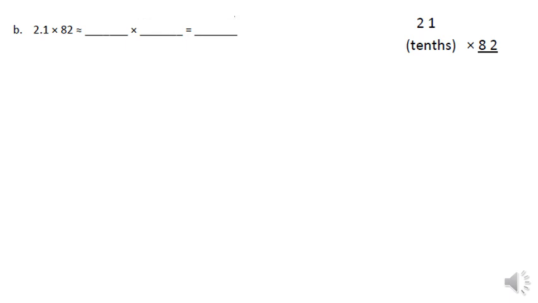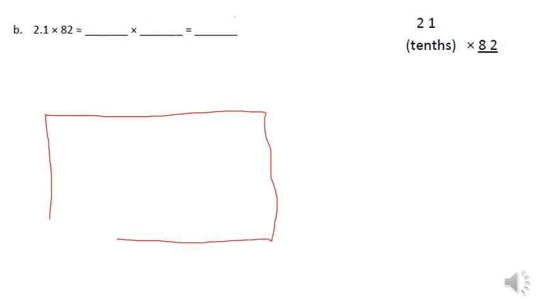Now question 2, we're going to have to draw our area model ourselves. So I'm going to go ahead and do a quick area model. And I'm going to put my decimal on top, and I can see I have 2 and 1/10.